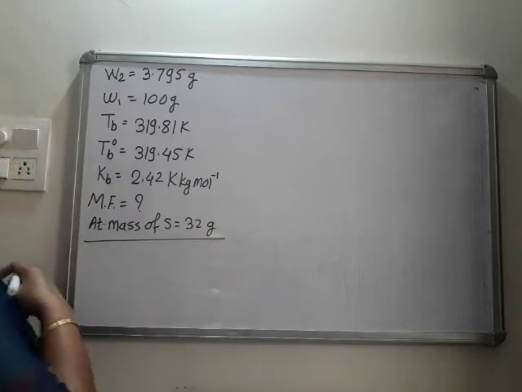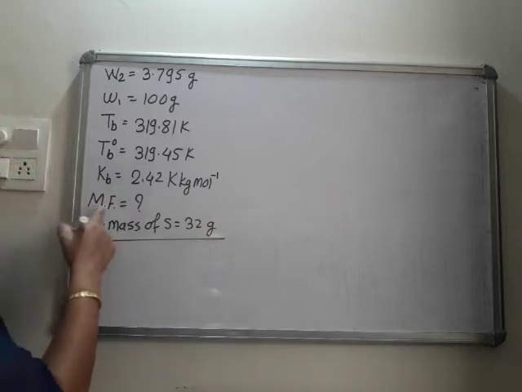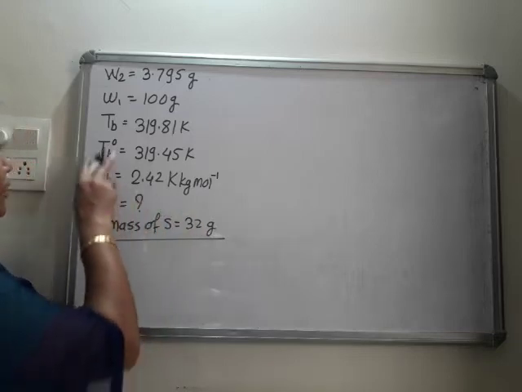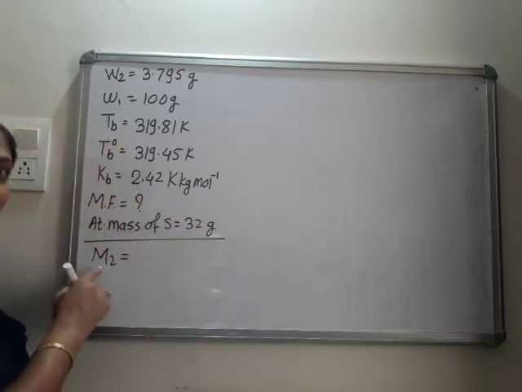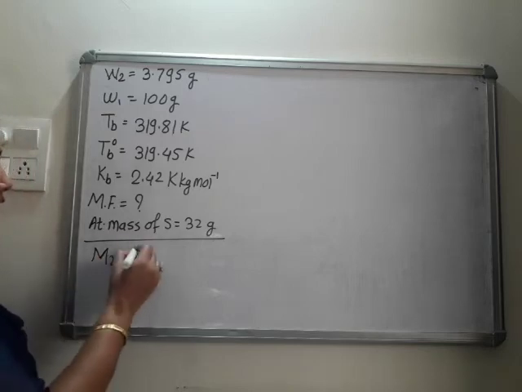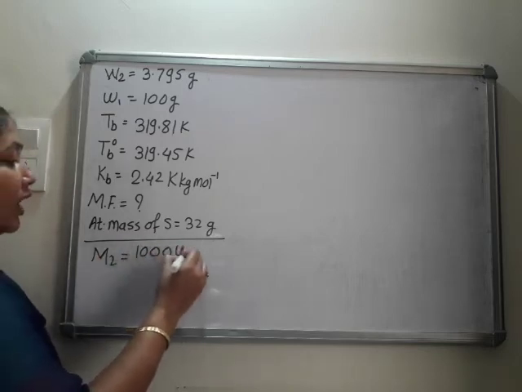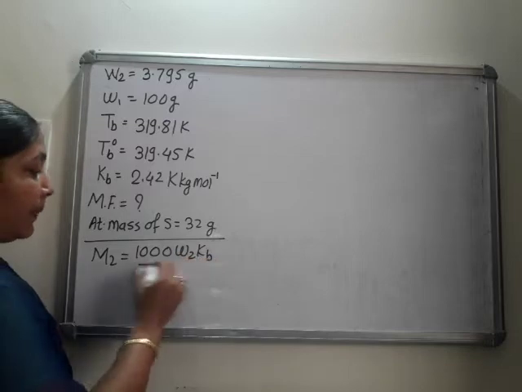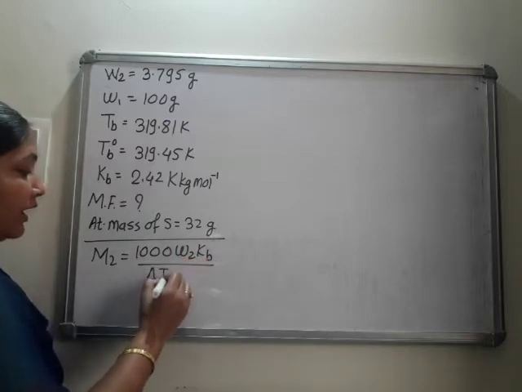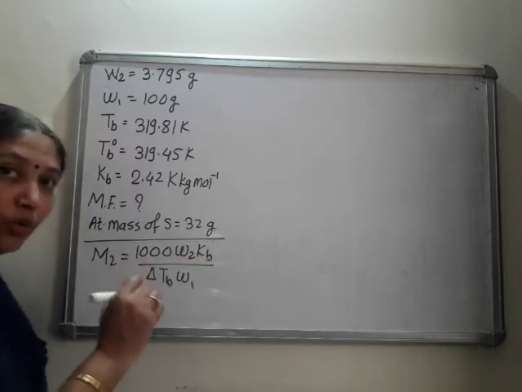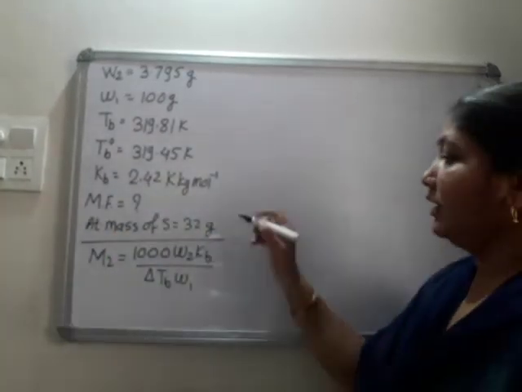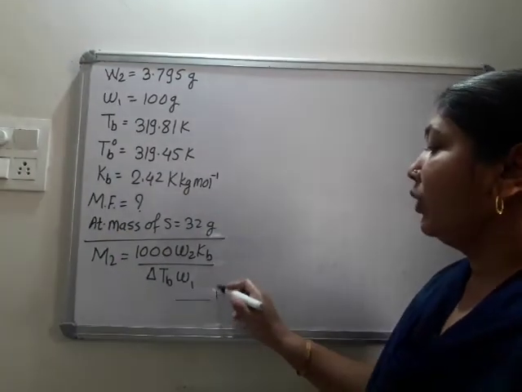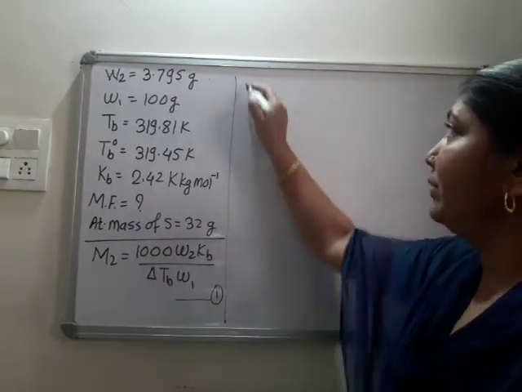See. So what is the formula? Molar mass we have to find. Delta Tb we can calculate from this. So we can rearrange our formula in terms of M2 and we can write M2 is equal to 1000 W2 Kb upon delta Tb into W1. Call this equation 1. Let us find first delta Tb.